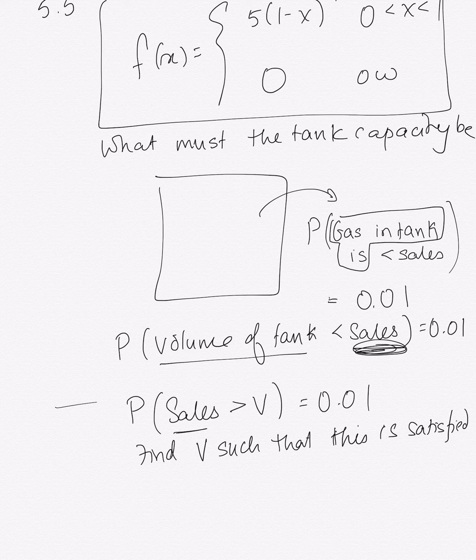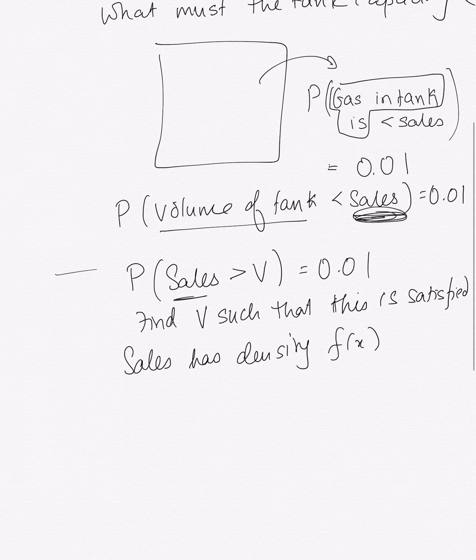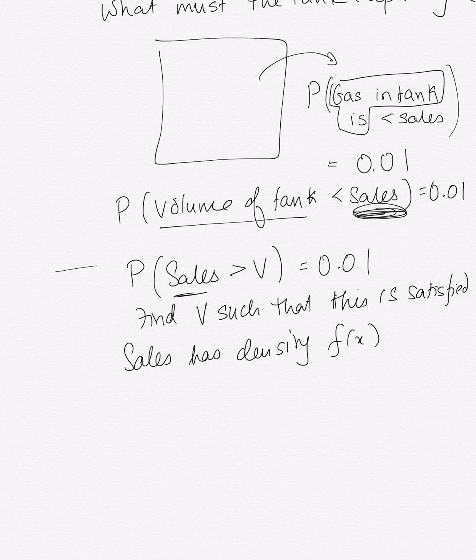Well, what do you know about sales? Sales has this density, f of x given above. Okay, all right. So how can we calculate this? Well, we know that the probability, let's call the random variable x, is the sales in a week.